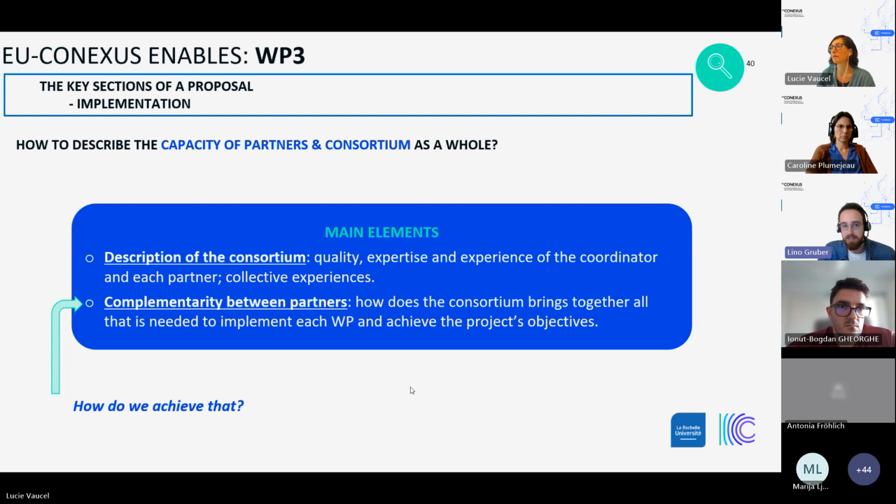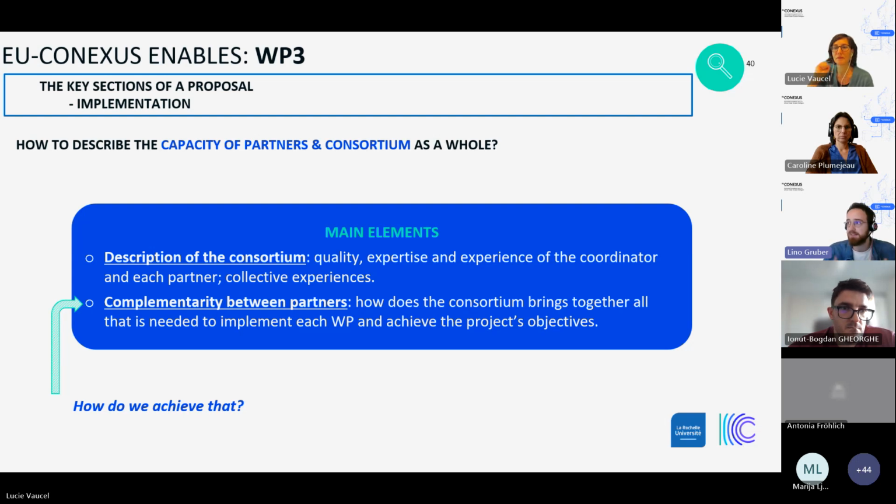The first one being insisting on what each partner brings to the table individually. So you will focus on their specific quality, their specific expertise, potentially previous relevant experiences, for instance, previous work in the same field as the one in the proposal, or a previously funded project, a European project maybe.